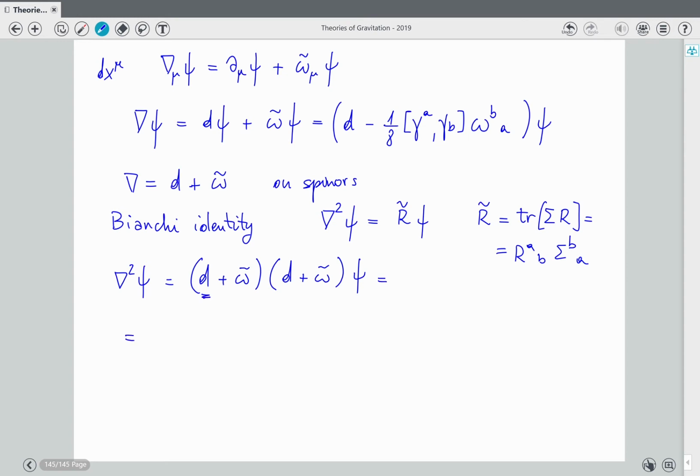So let's act with the exterior derivative. D squared is 0. So the first term gives two terms. D on this, when you cross omega tilde to go on psi, you are crossing a one form, so you get a minus. Then you have a plus omega tilde d psi plus omega tilde omega tilde psi.